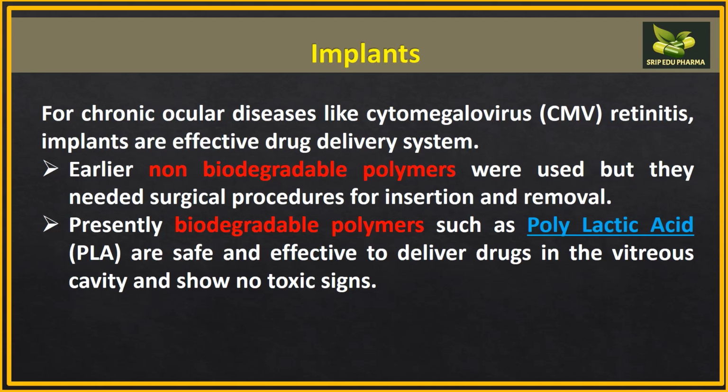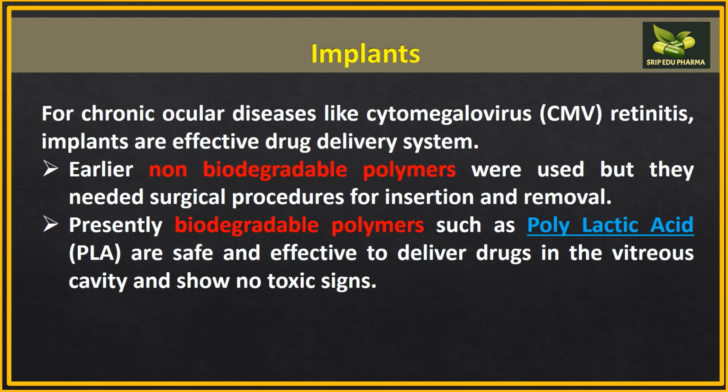Implants are actually used for chronic ocular diseases like cytomegalovirus retinitis, and the implants are an effective drug delivery system for these types of chronic diseases. Initially, non-biodegradable polymers were used for preparing ocular implants, but the problem was that they needed surgical procedures for insertion as well as for removal.